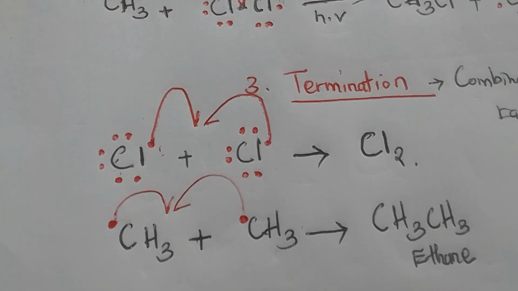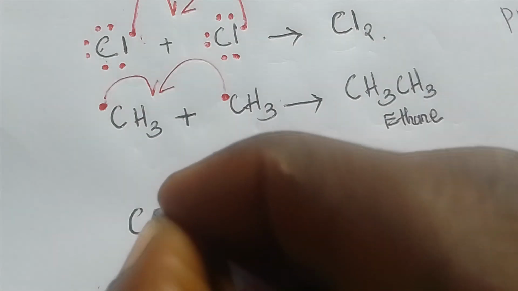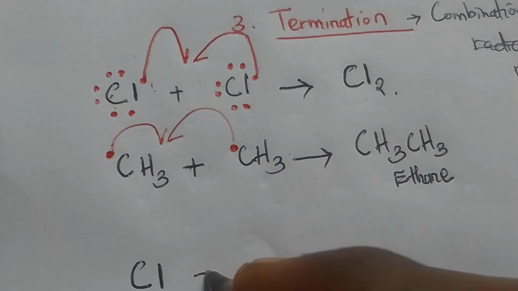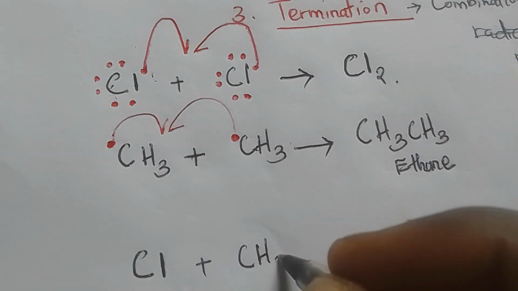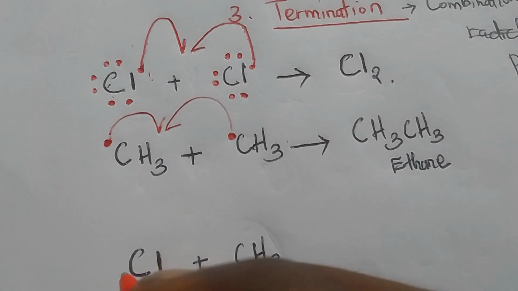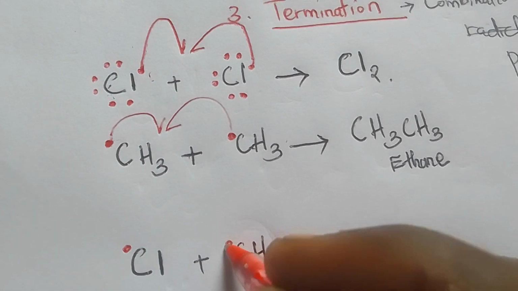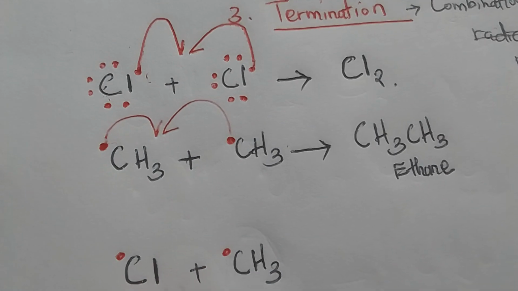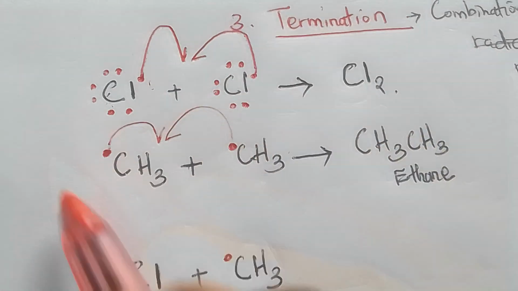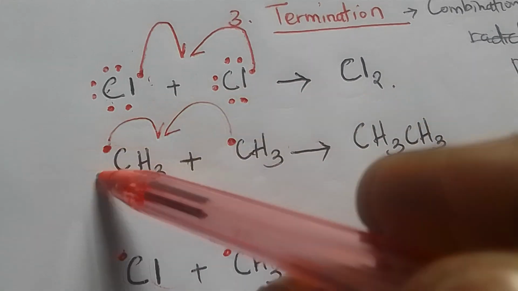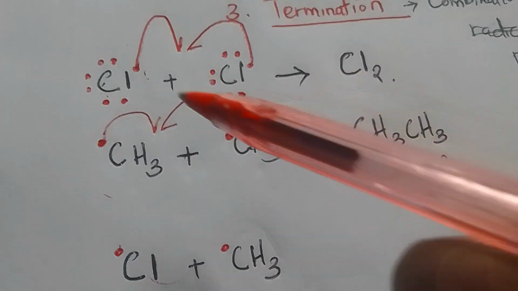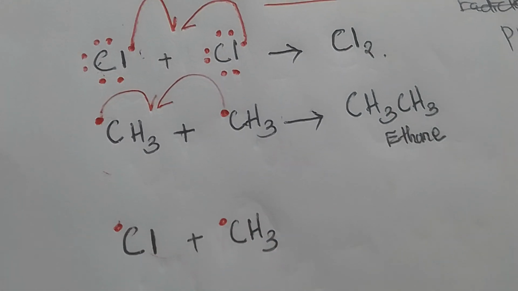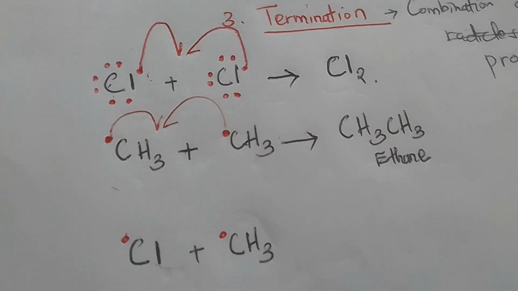Then those radicals again, the chlorine radical can possibly react with the methyl radical. In this stage the radicals are just reacting with each other. Any radical in the system can react with the other.